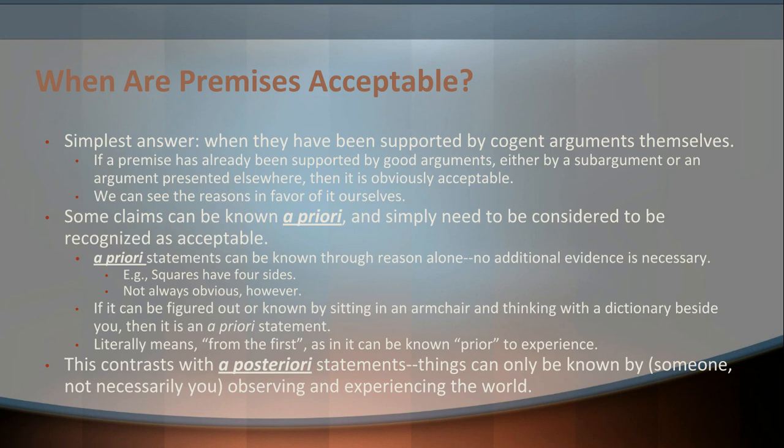So, along with things that have arguments already given for them, these are things that we can immediately recognize as acceptable, plausible ideas, things where we know or have good reason to think this is an acceptable statement to use as evidence. This is something that I can treat as plausible and believable, and I can rationally believe it.